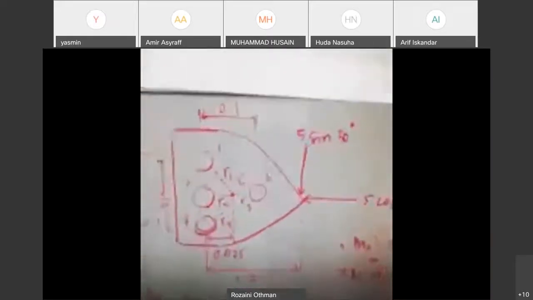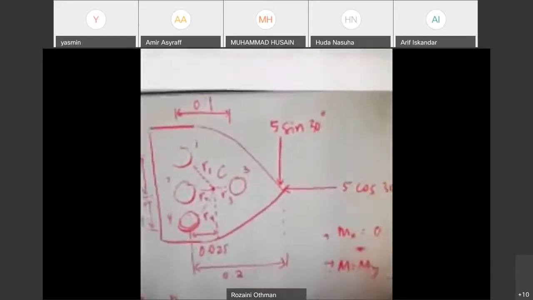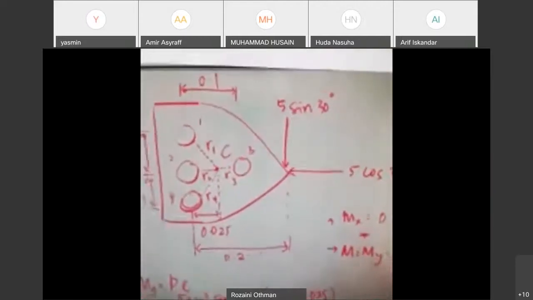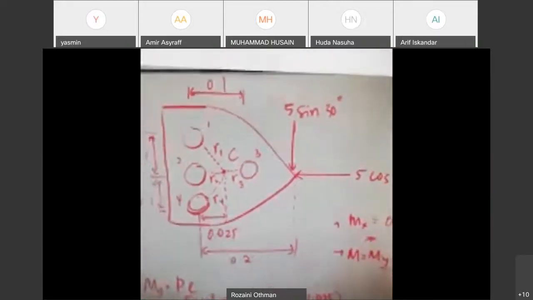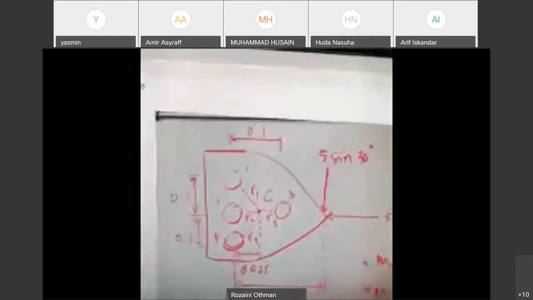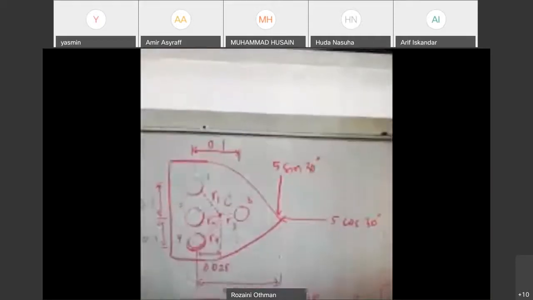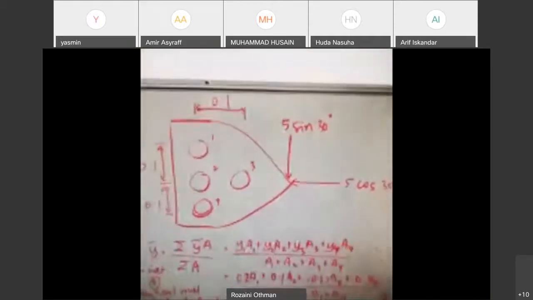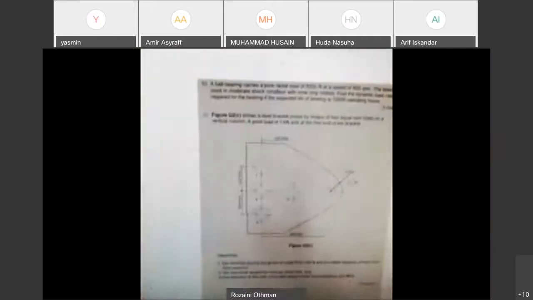So as you can see in the figures, from the question the force is 5 kilonewton and then with an angle 30 degree.